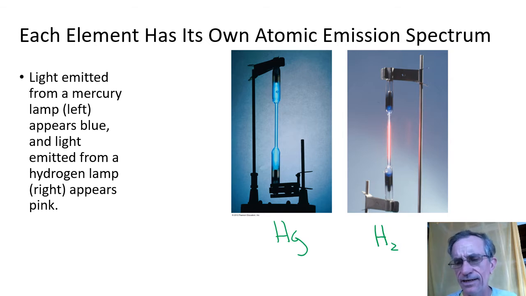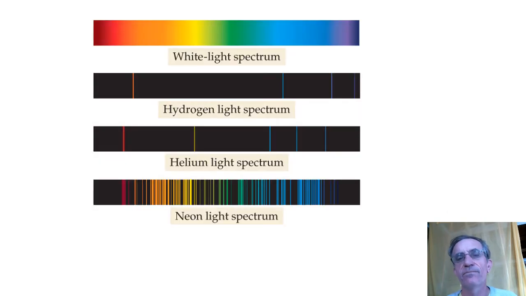Let me show you a diagram: if we could separate the colors away from each other, what would we see for these samples? What we would see is that hydrogen is actually giving off three colors.